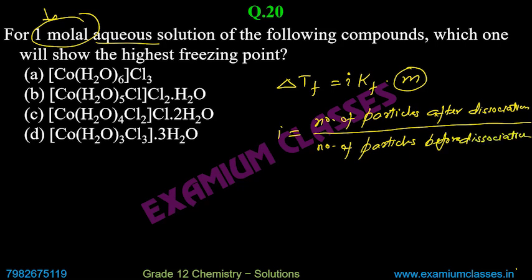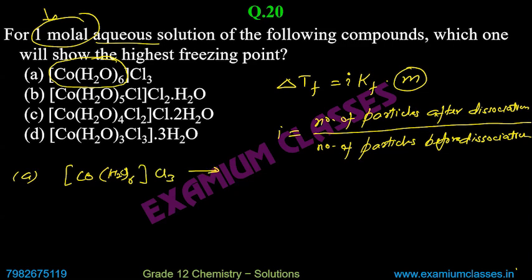Now consider one by one. And the rule is whatever is inside the square brackets cannot get ionized. We will talk about the coordination sphere in coordination compounds later on. So A, if I consider, it is Co and there are 6 molecules of water, Cl3.